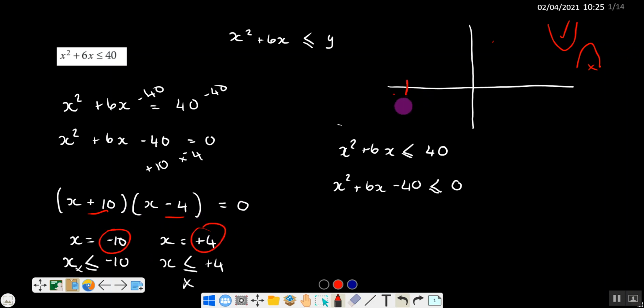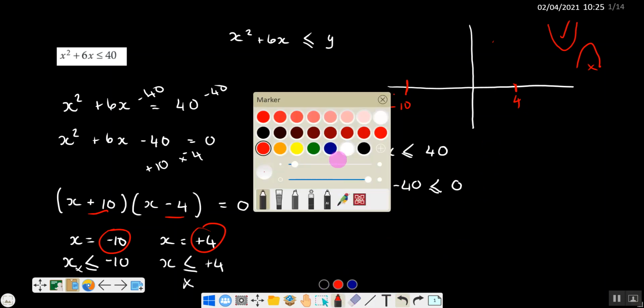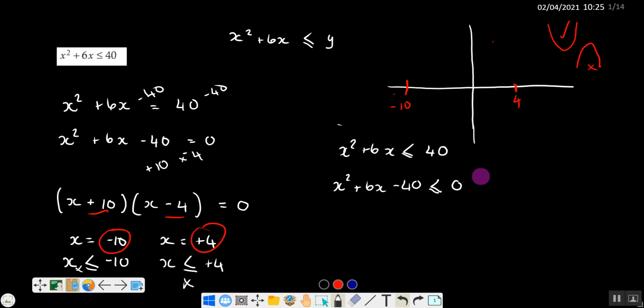So I can just do a rough sketch of minus 10, positive 4. Now what you're saying is not the bottom of the curve, that's not minus 40, but the y-intercept. So I do know. Now it doesn't actually matter, right? I don't need to draw my sketch and go, I need to make it bigger and cross at minus 40. But it would go down, kind of come below minus 40, go up through minus 40 and back up.